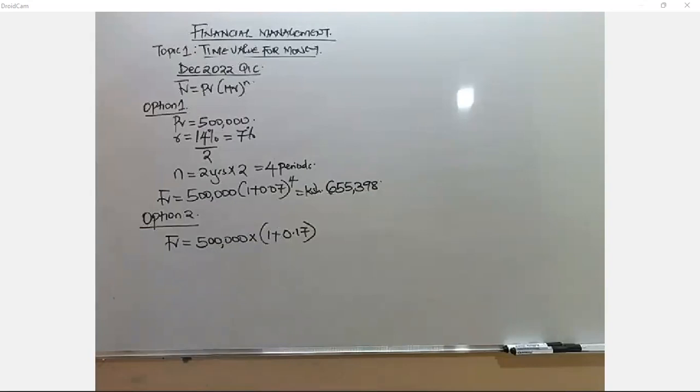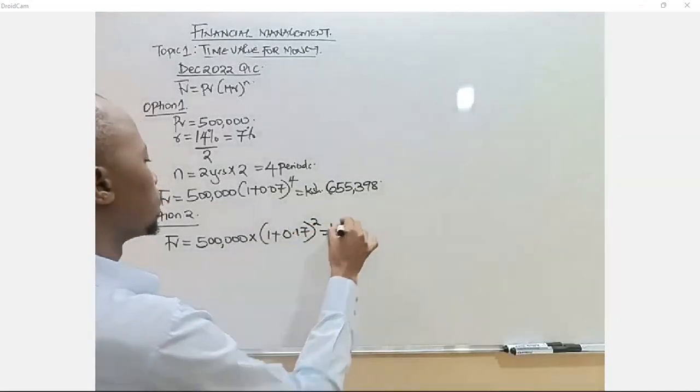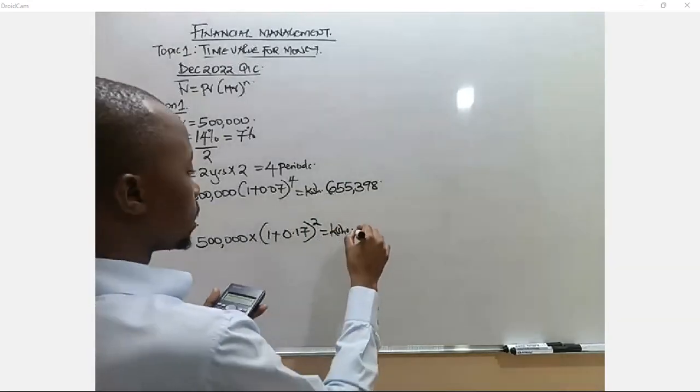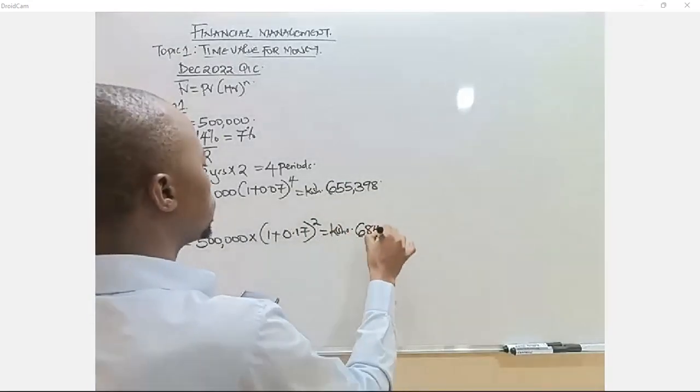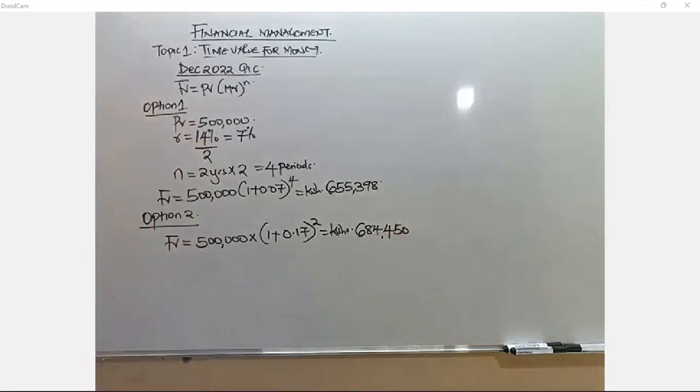We are told it is only 2 years, correct? So 1.17, I raise to power 2, then I multiply by 500,000, and I'm getting around 684,450. You know, you are following.